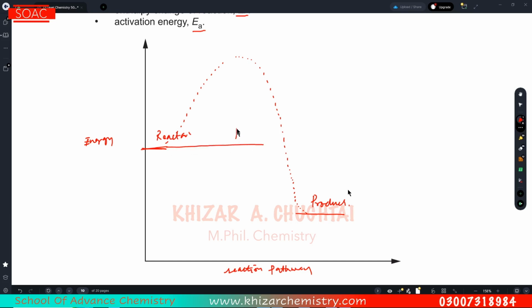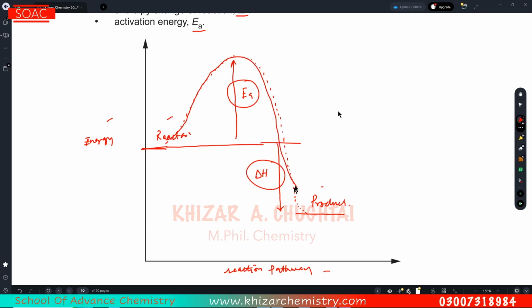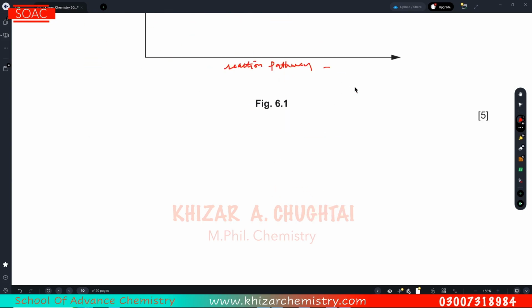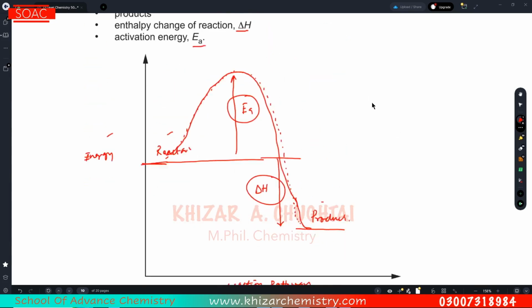Energy required by the reactants to make the activated complex, or this height, is said to be energy of activation, and the energy change between reactants and products is said to be delta H. So this is delta H, this is energy of activation, and reactants, products, energy, reaction pathway, and so on. I think you should mark the solid line over here. Okay. Wow, it was a 5 marks question.